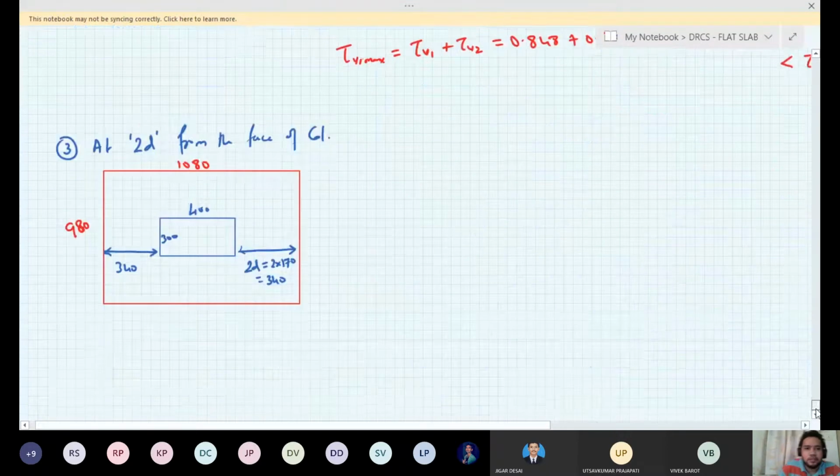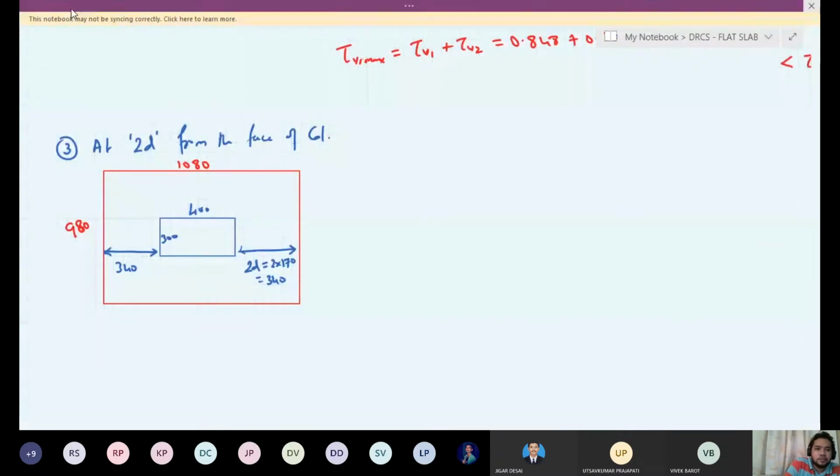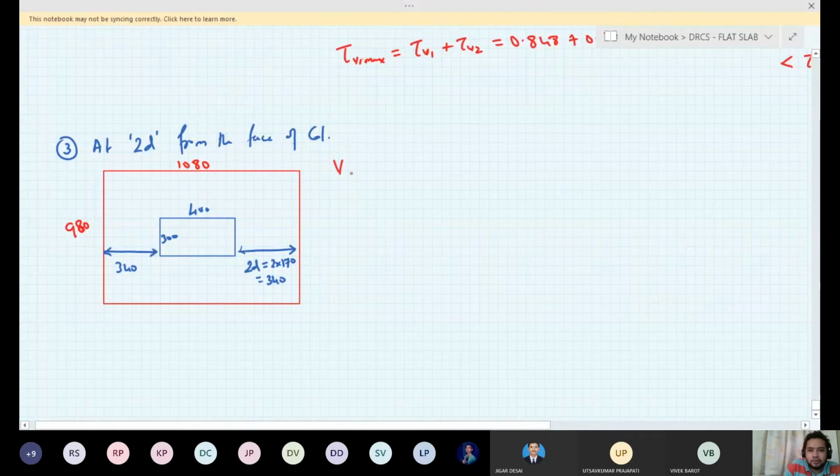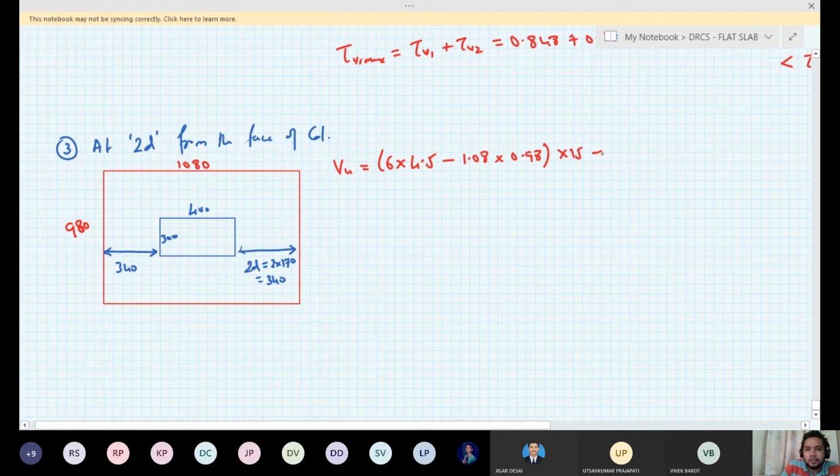So let us do the same thing we have done at d distance. So first find Vu. So Vu will be now 6 into 4.5 minus 1.08 into 0.98 into 15. So how much is this? Then you find tau v1 is equal to this value.